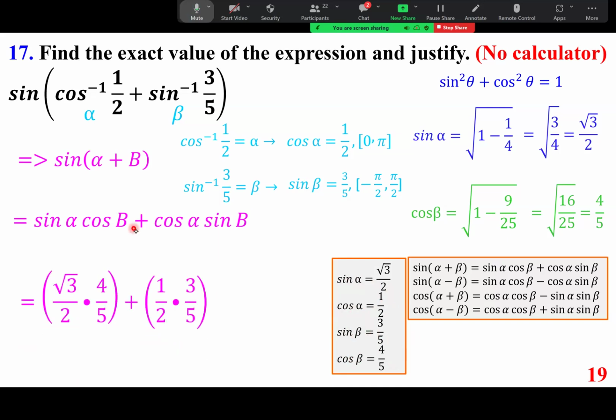That's the idea, everybody. So both of them have the denominator 10. This is 4 times square root of 3. This is plus 3, and we're done. It's that simple.